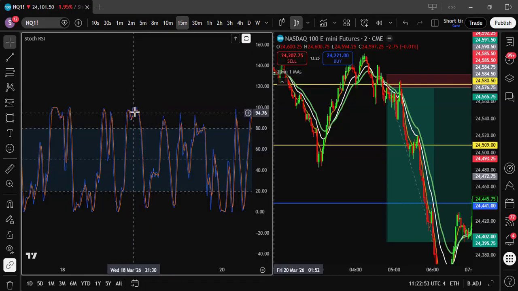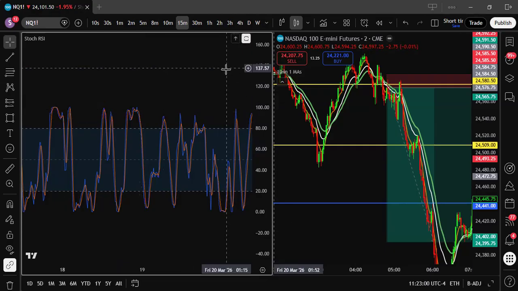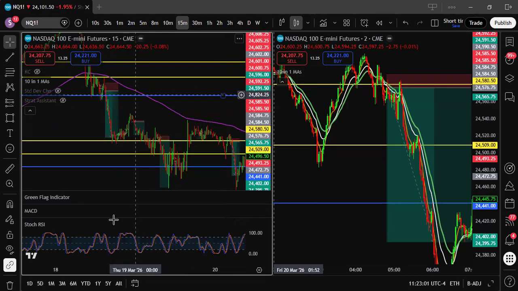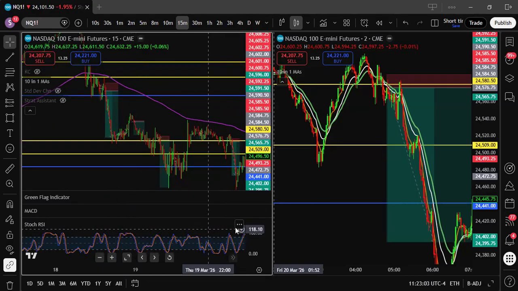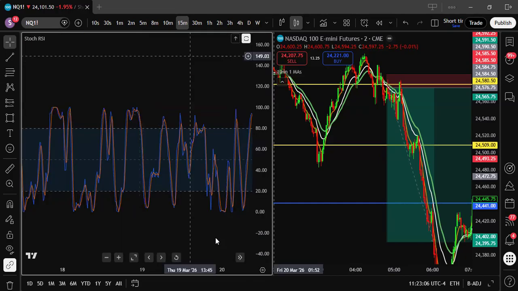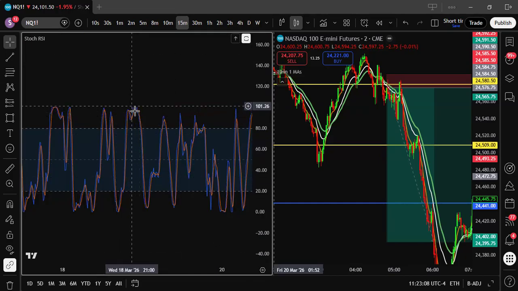But while it's up here and price is underneath that 200 EMA on the chart itself, I'm just looking for when this stochastic RSI is starting to work down.